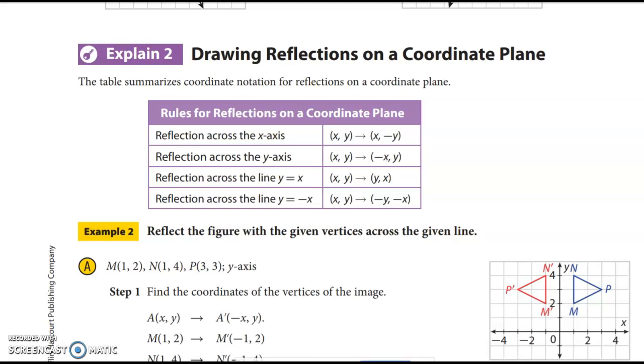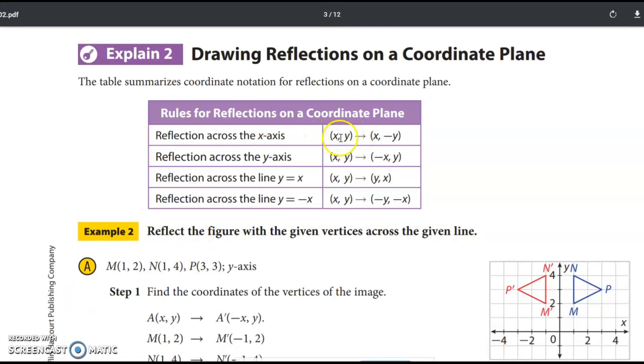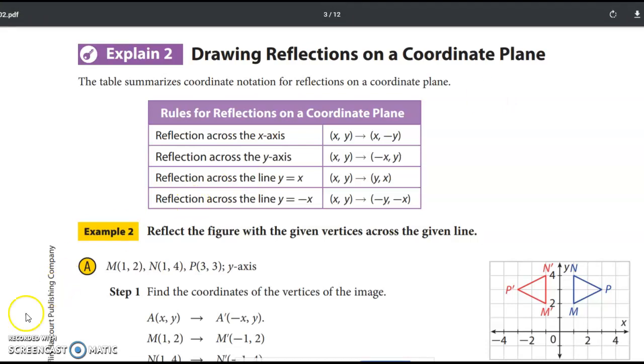It tells you that when we have the point (x, y) and we reflect it over the x-axis, the coordinates will be (x, negative y). When we reflect it over the y-axis, (x, y) becomes (negative x, y), and so forth. So get the table that's on page 67 in your textbook into your notes.